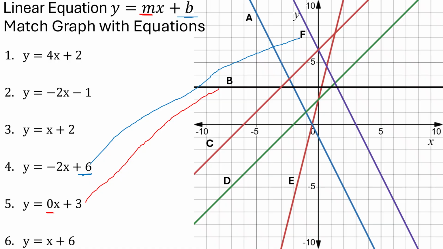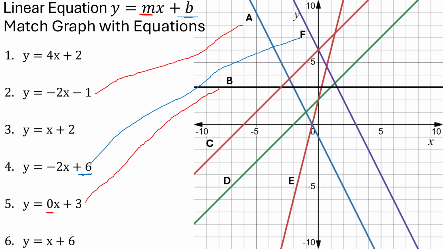My only other negative slope is line A. Let's look at the y-intercept. That's at negative 1, which corresponds to equation 2. So that's line A.